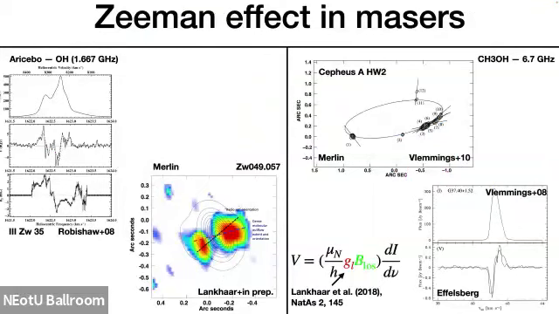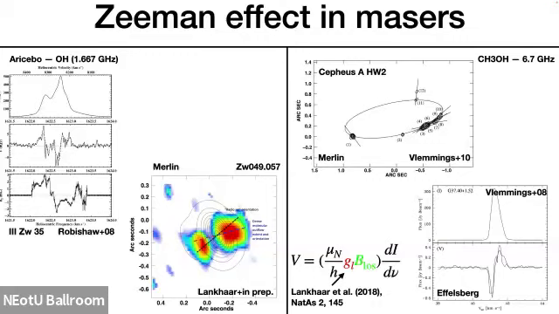We're going to talk here about OH megamasers. These are Arecibo observations of the OH megamaser towards the LIRG III Zwicky 35, where this is a very strong maser, and with the Arecibo you can see a very neat Stokes V profile from which you can derive the magnetic field strength.